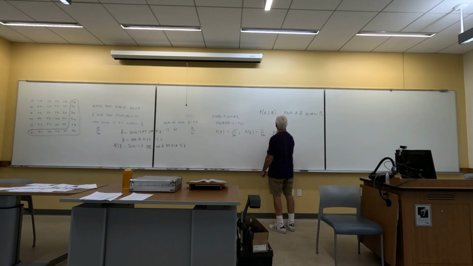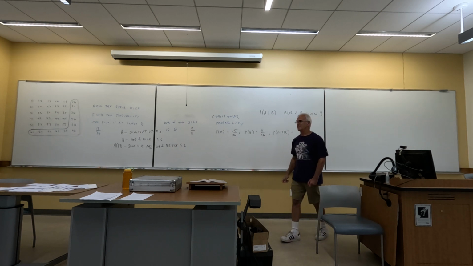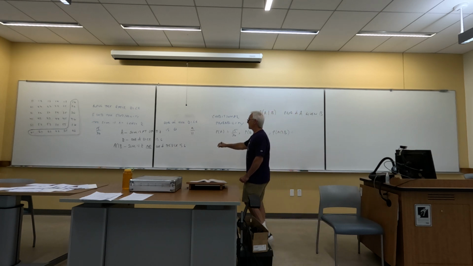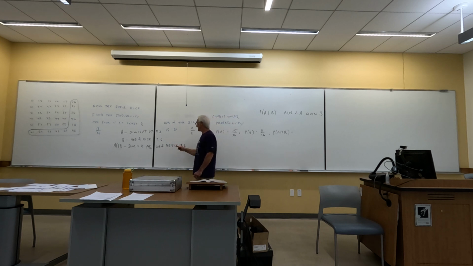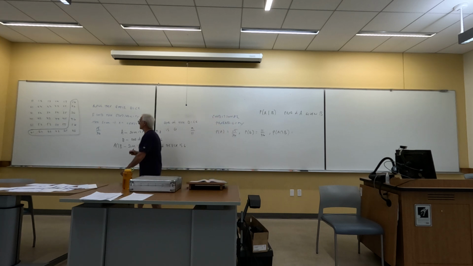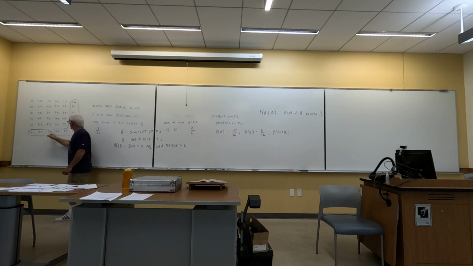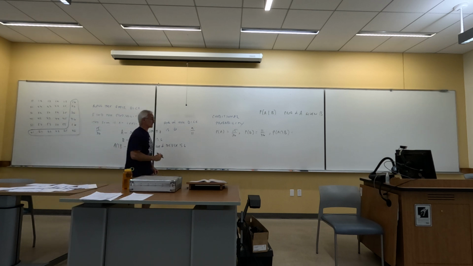And the third one, what is the probability of my intersection there? What is the probability that the sum is an 8 and at the same time one of the dice is a 6? Well, that was, what, 9 rolls? You with me? So that one would be 9 out of 36.